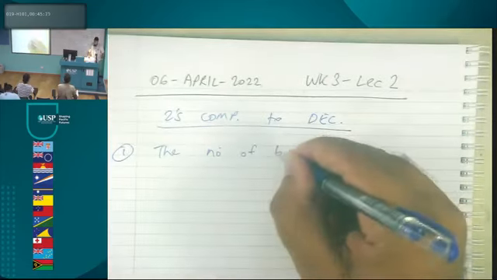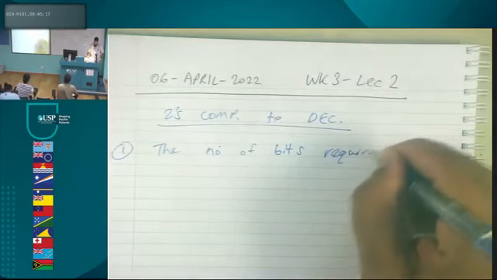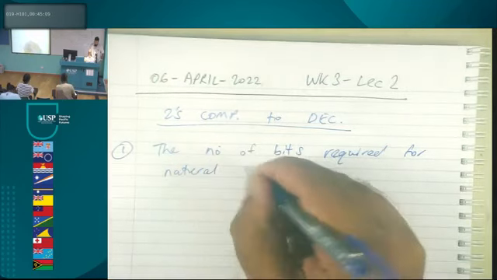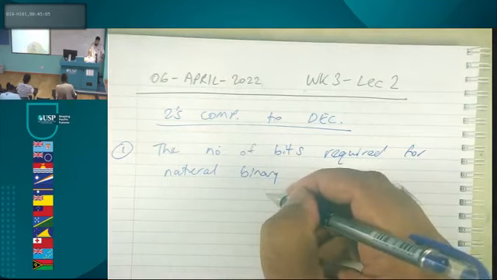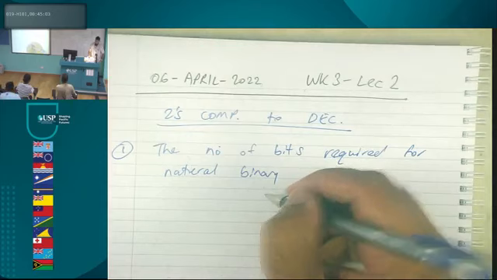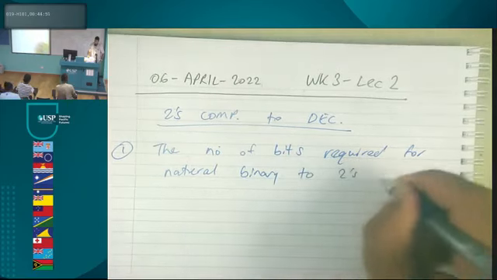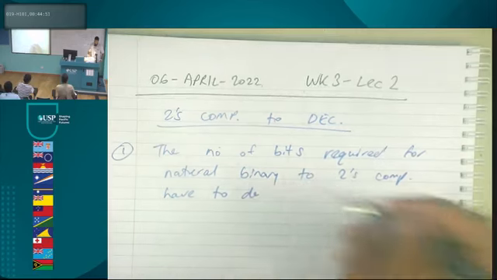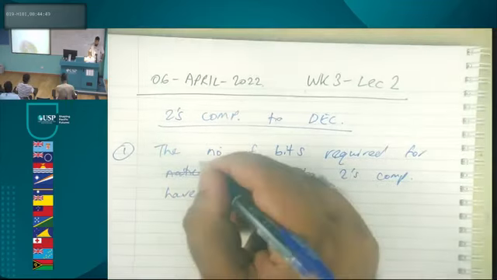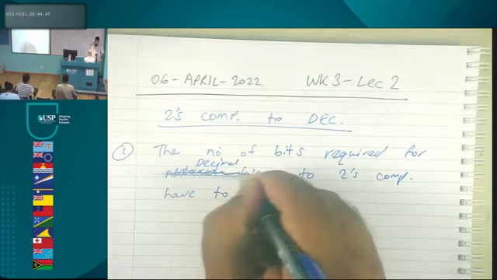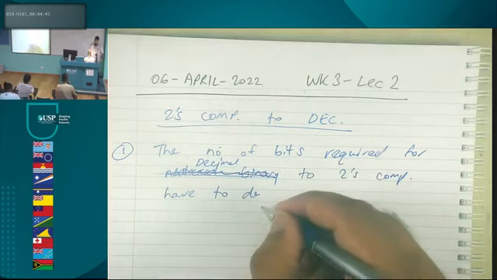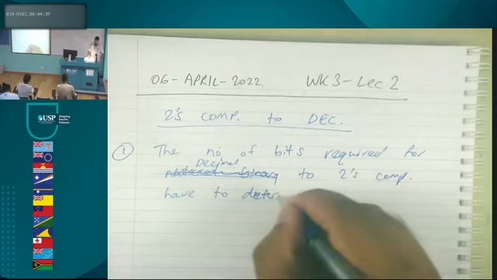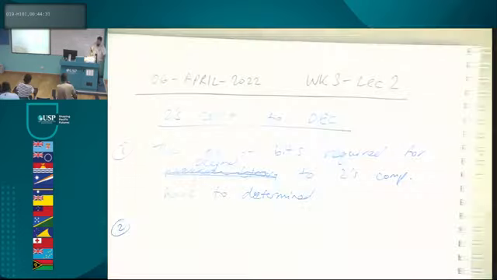The number of bits required for natural binary to two's complement, and for decimal to two's complement, have to be determined. And I'll focus on number one later.